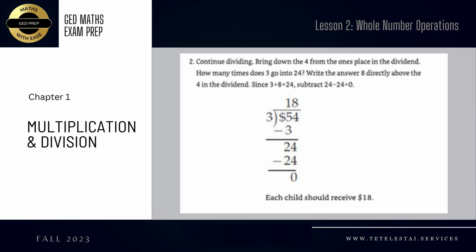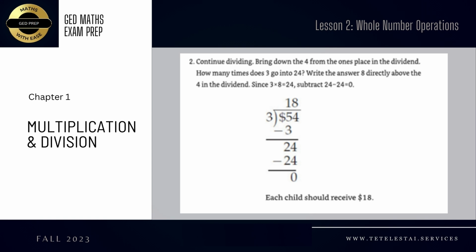So you draw your line and you subtract 3 from 5, and there's your 2 that's left over. And now you bring down the 4, okay? And so essentially you're telling yourself that you've successfully divided 3 into 5. There's 2 left over, and you've brought down 4, okay?